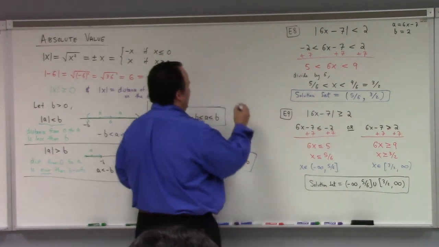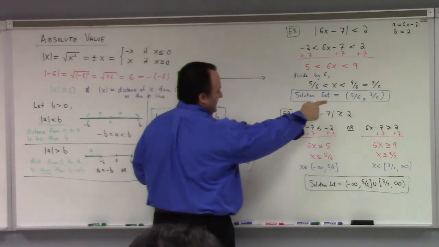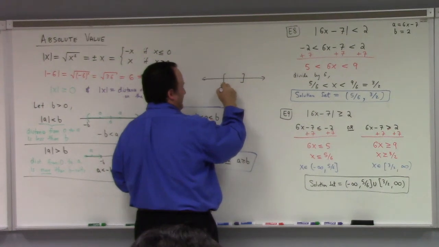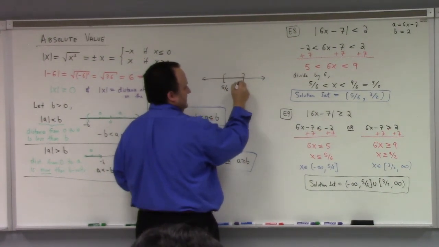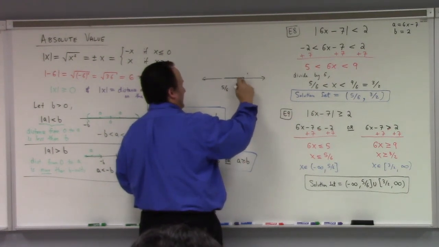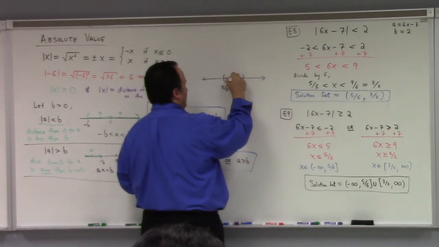If you draw a number line, right? Look at this. So like 5/6 to 3/2, we could visualize like this. Right here, right? So this, my bad. It's supposed to be parentheses, right? So this is example 8 solution, right?